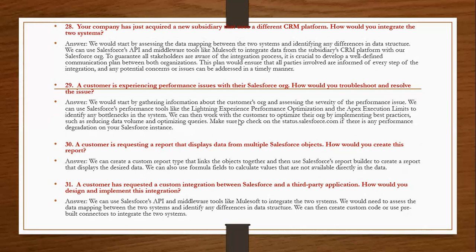We can work with the customer to optimize their org by implementing best practices, such as reducing data volume and optimizing queries. Make sure to check the status of Salesforce.com to see if there is any performance degradation on your Salesforce instance.